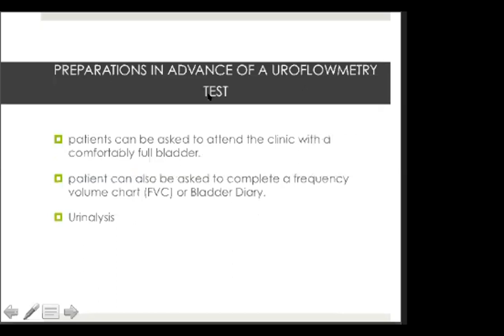So for the preparation, the bladder diary also captures symptoms and events such as fluid intake, urgency, pain, incontinence, average and maximum voided volume, voiding frequency, and urine production at night. So we need a bladder diary as much as possible when we perform uroflow or urodynamics.